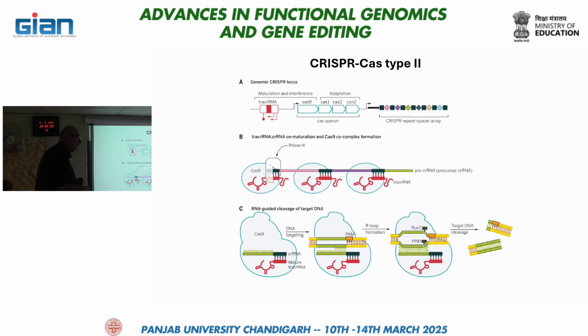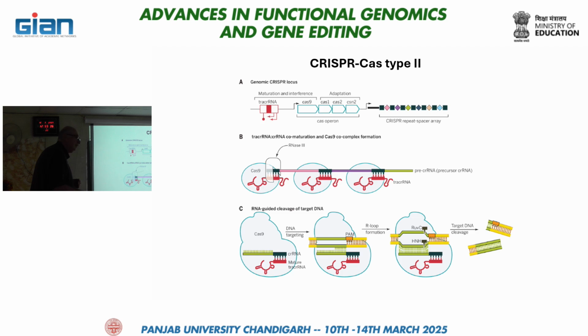But RNase III is important for cutting this long fragment into short fragments. And this short fragment containing Cas9, CRISPR RNA, and this tracrRNA can recognize the targeting DNA, making a complementary sequence because this RNA is complementary to one strand of the DNA.